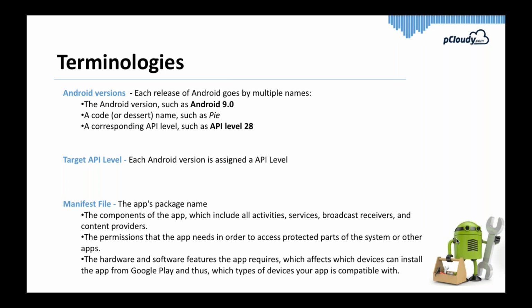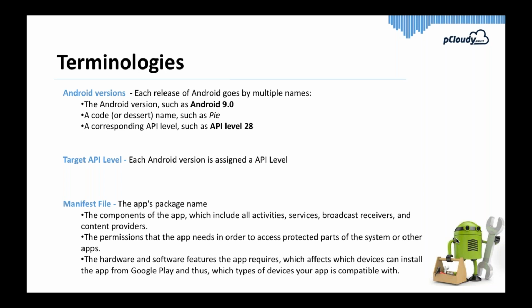The first is the components of the app which are used inside, so all the activities, services, etc. The second is what kind of permissions the app requires. And the third, which is important for us when we talk about compatibility, is what are the hardware and software features that the app requires.